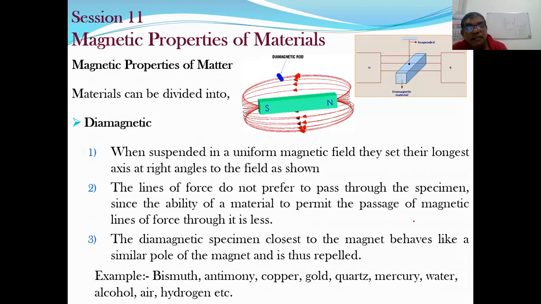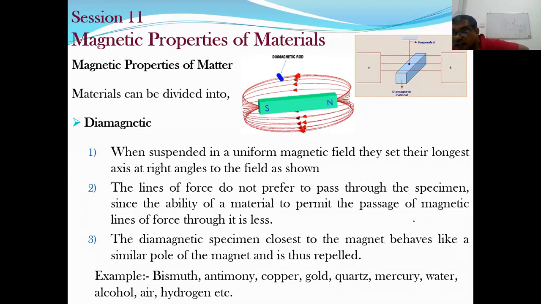Diamagnetic, paramagnetic, and ferromagnetic. Anybody can explain that? What do you mean by diamagnetic, paramagnetic, and ferromagnetic?